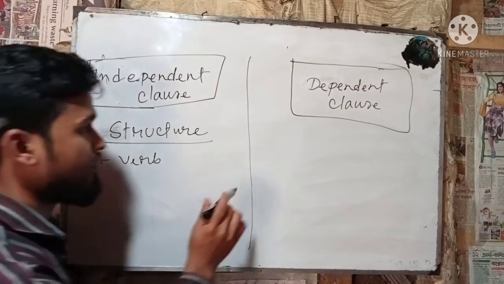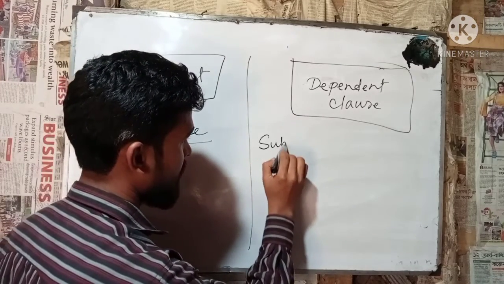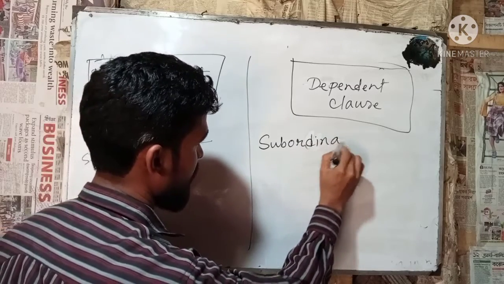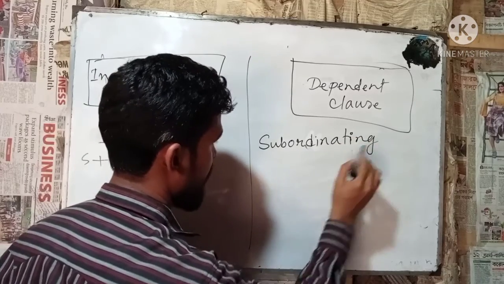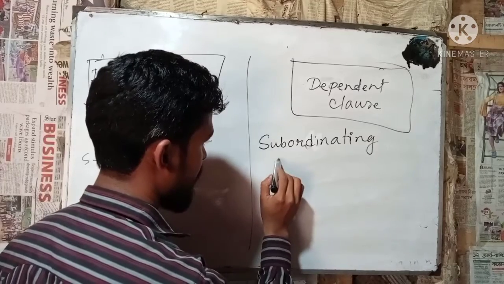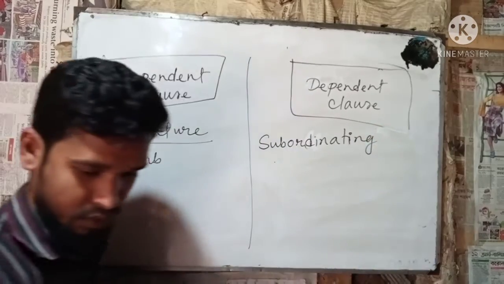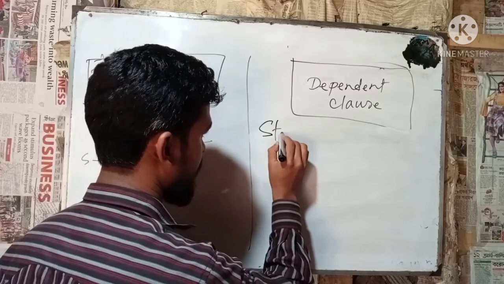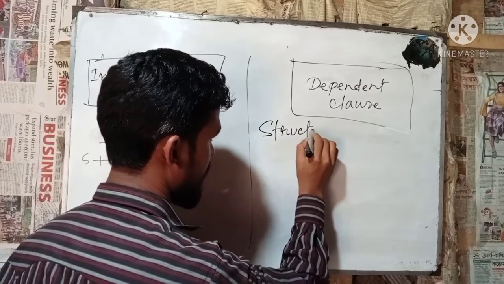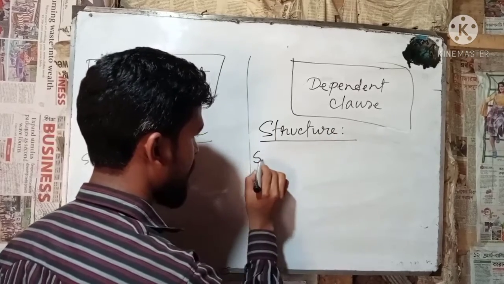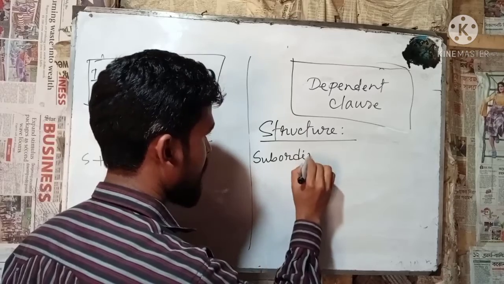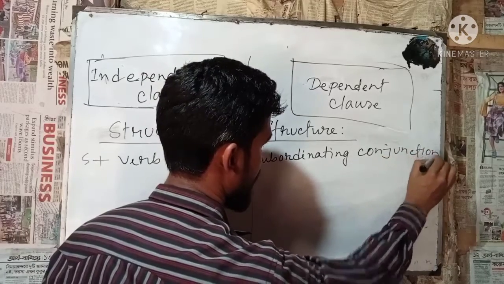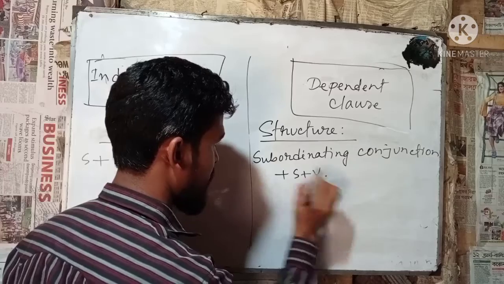S stands for subject. The structure of a dependent clause is subordinating conjunction plus subject plus verb.